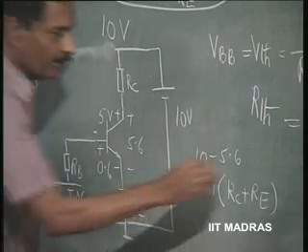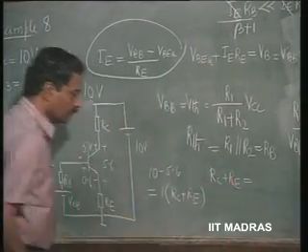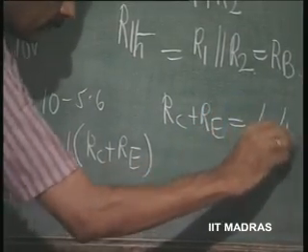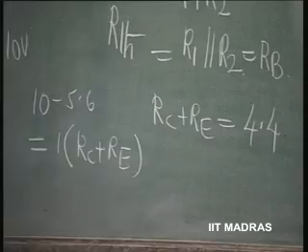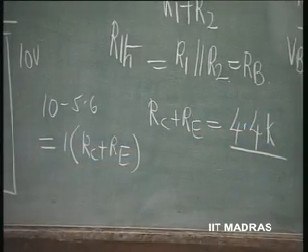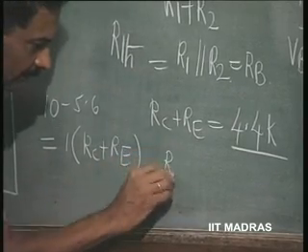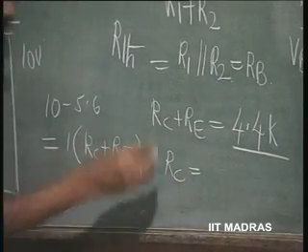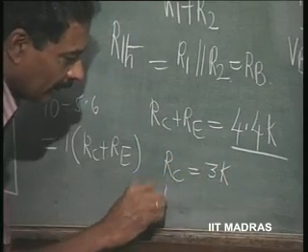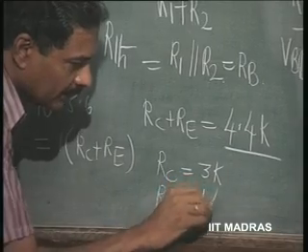So, we get RC plus RE as equal to 4.4 K. So, let us say we will take RC as about 3K and RE as equal to, let us say, 1.4K.